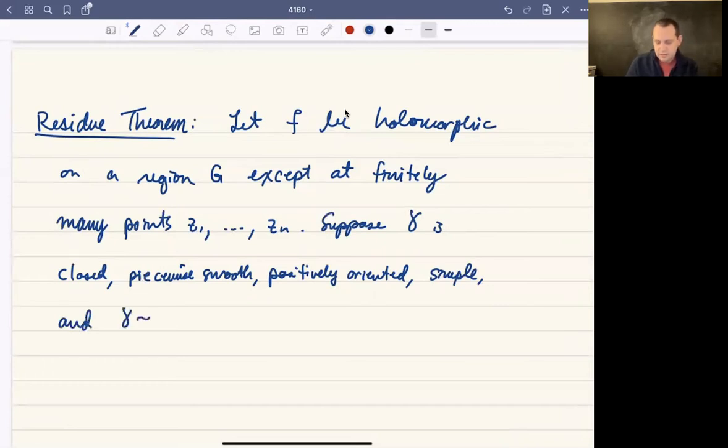So remember that means that gamma contracts to a single point in G.